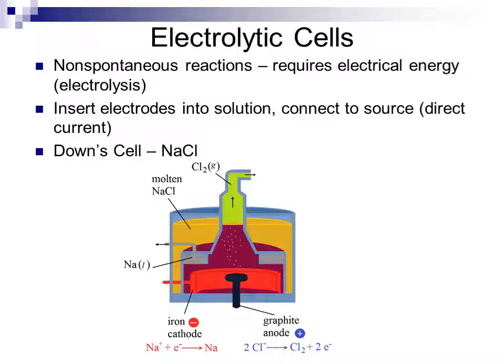The chlorine gas escapes through the top of the Downs cell and out into a collecting chamber. The sodium metal will actually float on top of the molten sodium chloride, so it moves into this side ring, so to speak, that then will pull it through into an external source where it can be collected. So we can collect the sodium off to one side and the chlorine off to the other side.